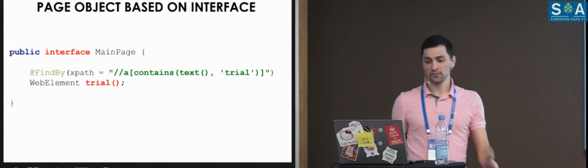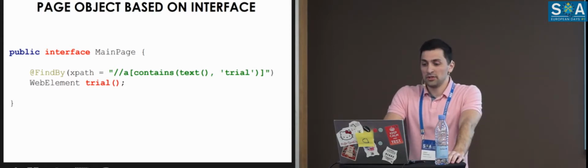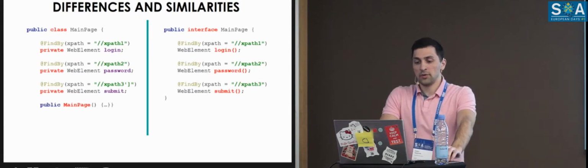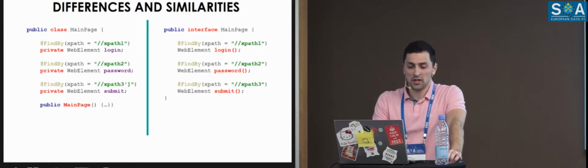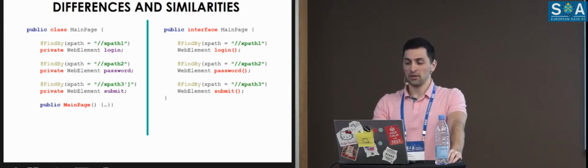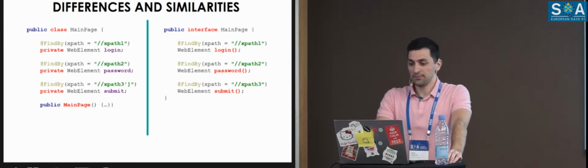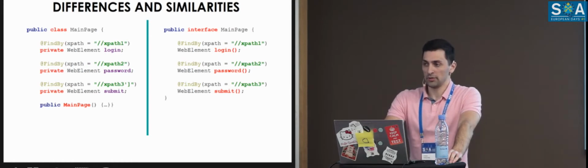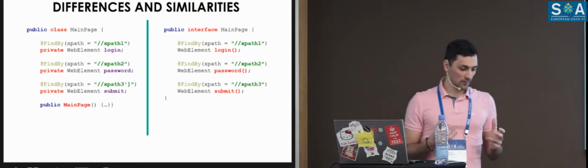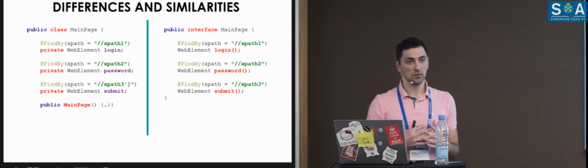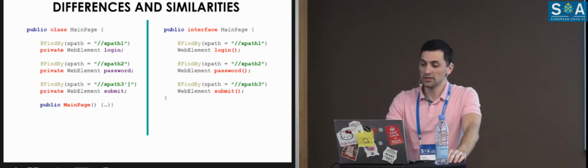On the left side you see the old way where we use a class and class variables and a constructor and a getter method for each element, and on the right side you see a new approach where we use an interface and methods to describe our web element. And what if we use an interface, how does it improve our test?